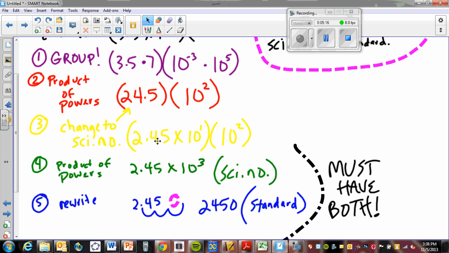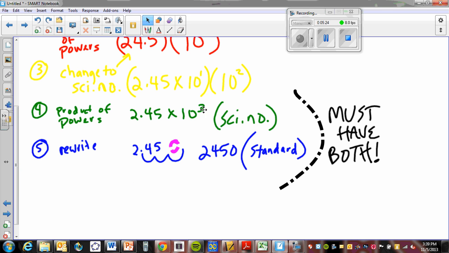So it's our number 2.45 times 10 to the third. That's scientific notation. Now I got to change it to standard form. All I got to do, this says I move it to the right 3, 1, 2, 3, insert a 0, 2,450 is our standard form. It has to have both if it says to have both, otherwise it is not completely correct.